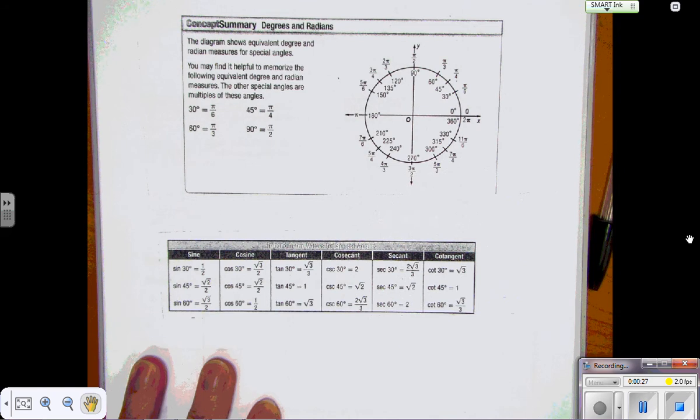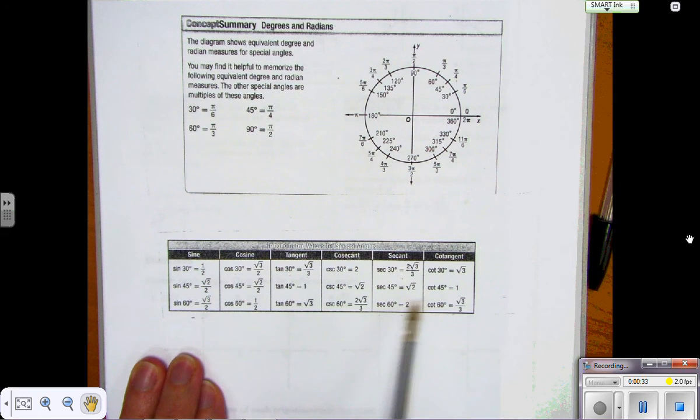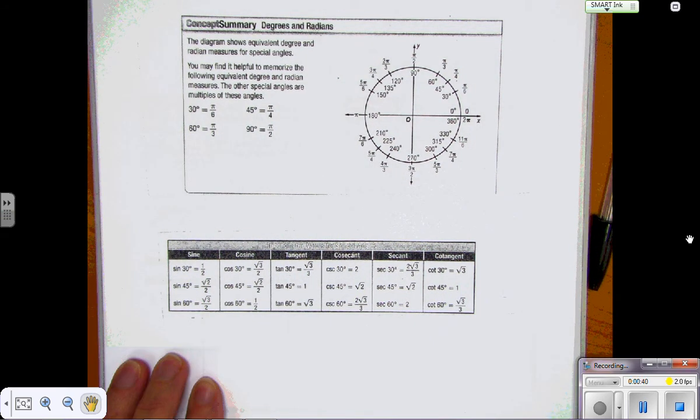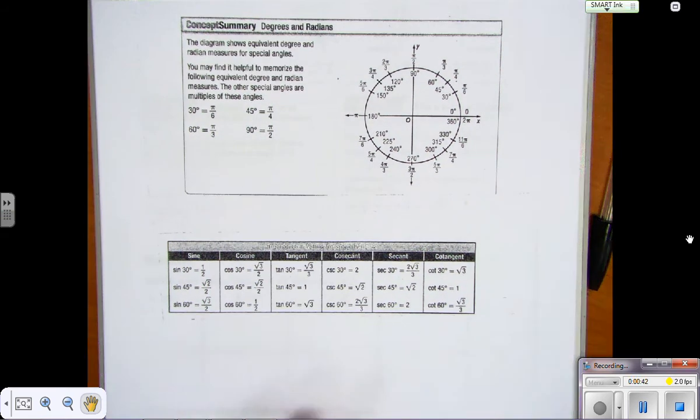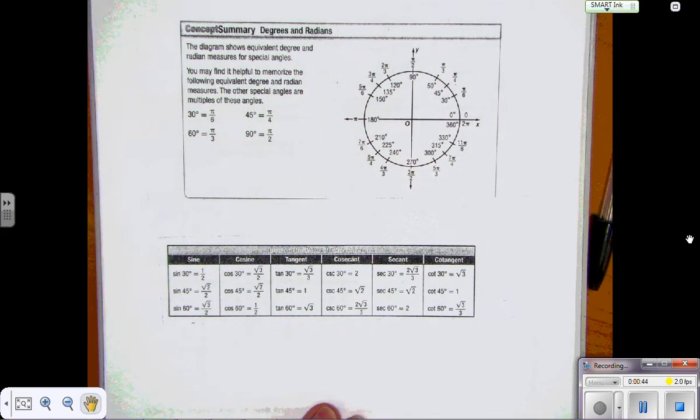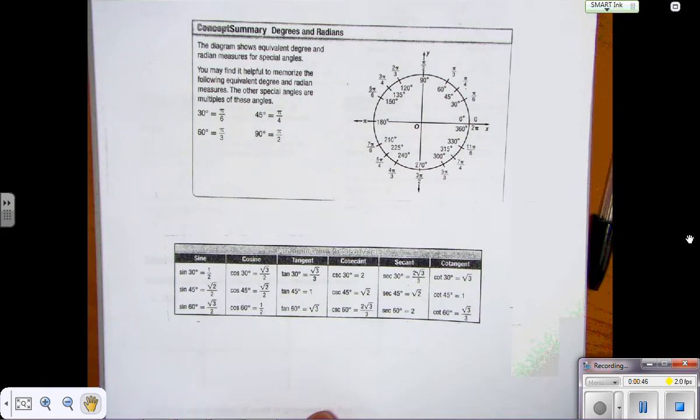Knowing those radian measures will be very helpful in the future. And down here in the bottom table, it shows you the sine, cosine, tangent for 30, 45, 60 degree angles. Those are the ones that you use the most in trig.